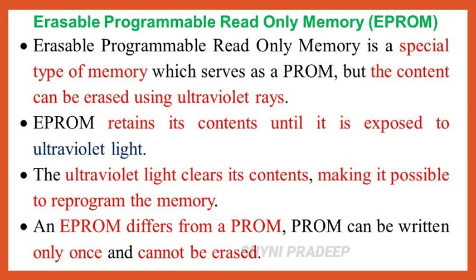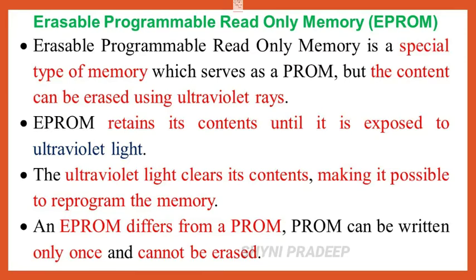Okay. So what is the difference between PROM and EPROM? PROM can be written only once and cannot be erased. But in EPROM, you can delete the contents by using ultraviolet light and you can reprogram that memory. It is mainly used in personal computers.